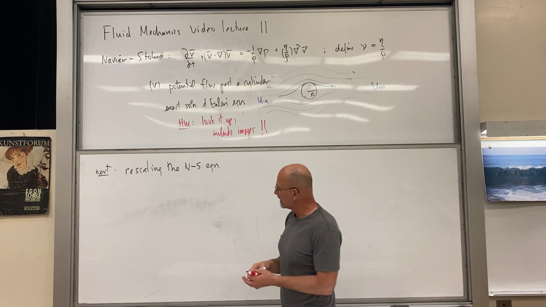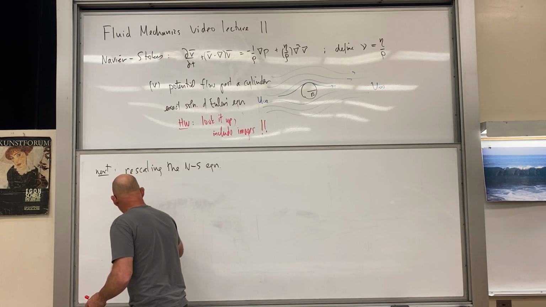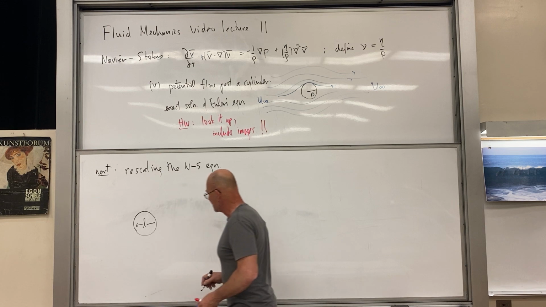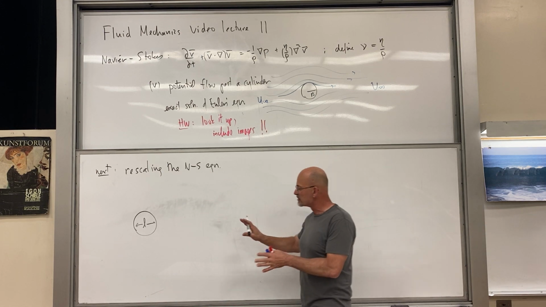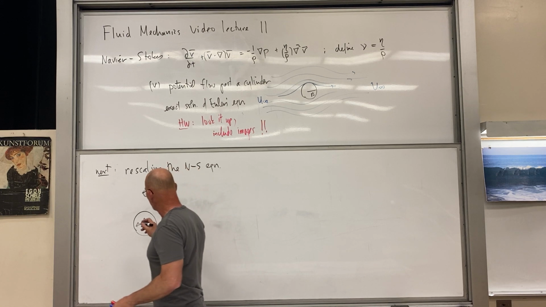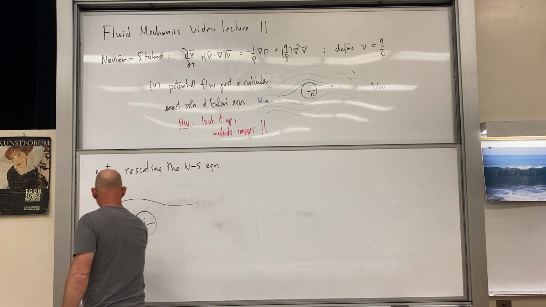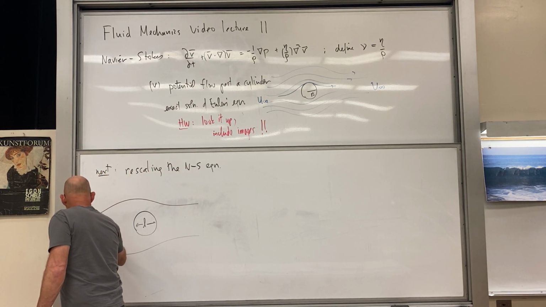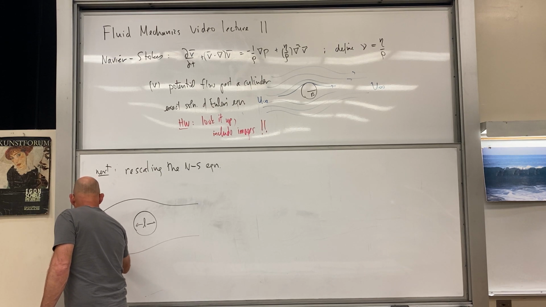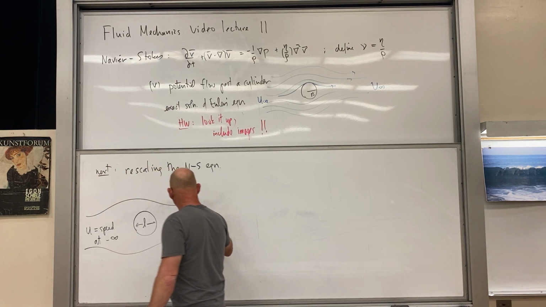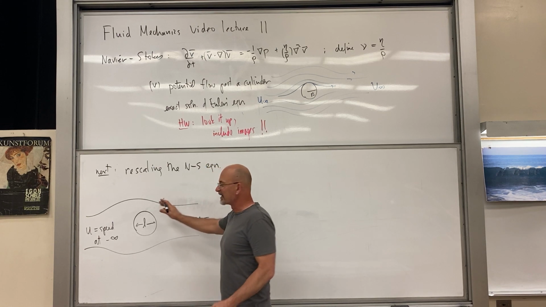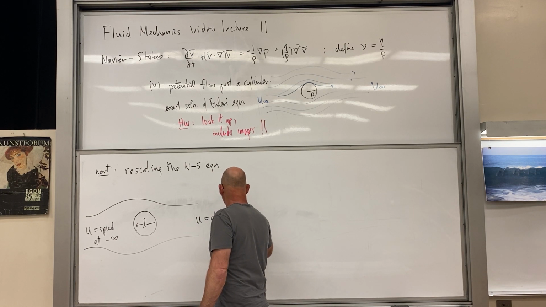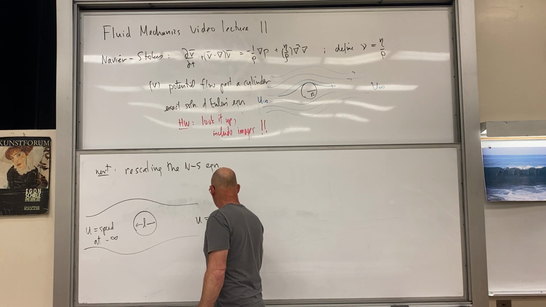The picture in front of us is again a flow, and I'm just going to characterize the size of the object by L. It doesn't have to be a cylinder, it's just an object characterized by the length scale L, with fluid flow around it, and out here at minus infinity we have a speed at minus infinity. Same thing, so we're going to have a characteristic flow speed.